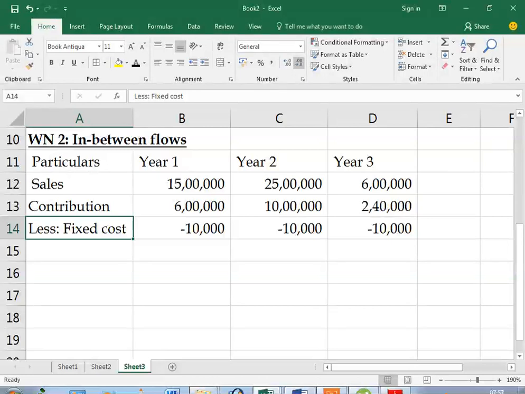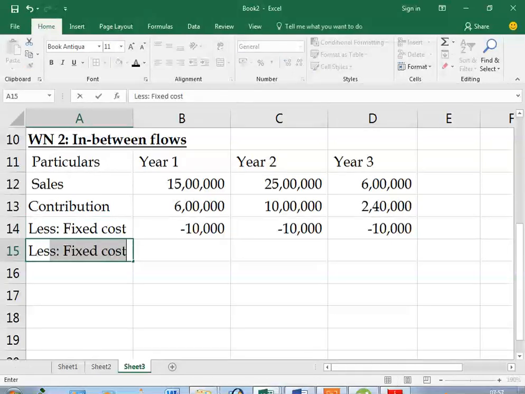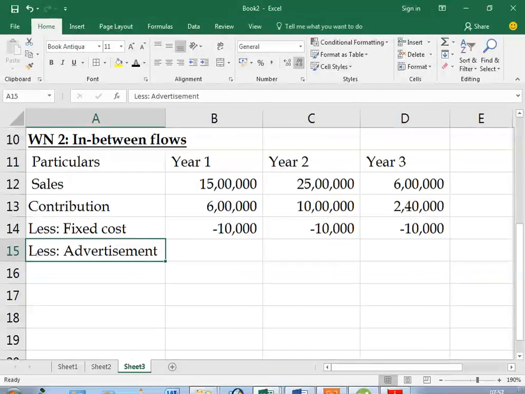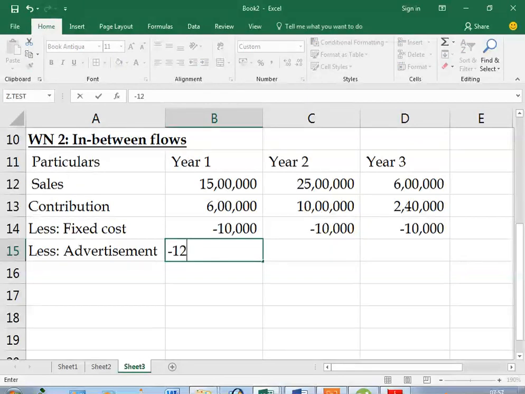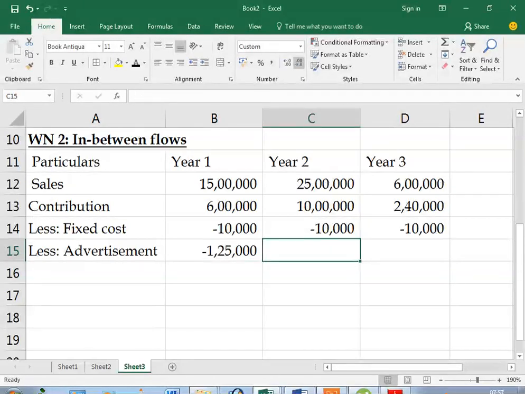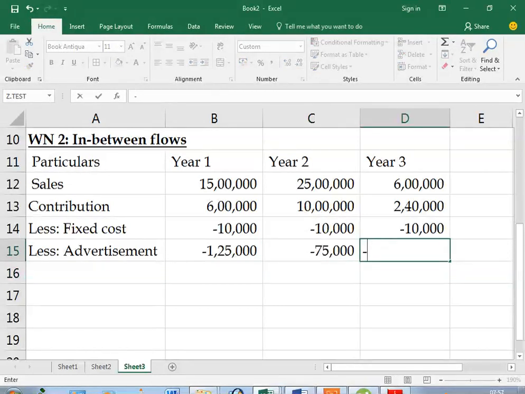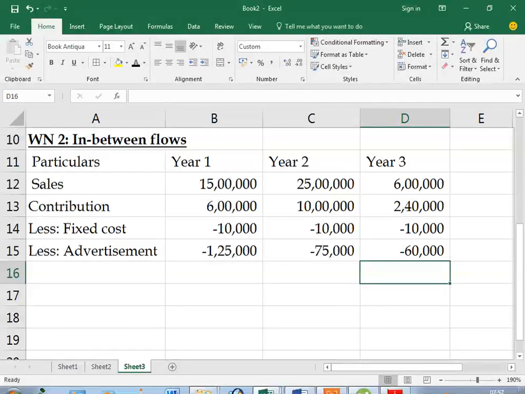Now I'll come to advertising. Now please listen. What is the first year advertising as given in the question? Now I'm going to write 1,25,000. This is to calculate tax properly, and then I'll have to do an adjustment after my P&L is done. For the purpose of tax calculation, I'm left with no option. I'll have to write depreciation. Advertisement is 1,25,000, less 75,000, 60,000, because from a tax point of view, this is the expense of that year.